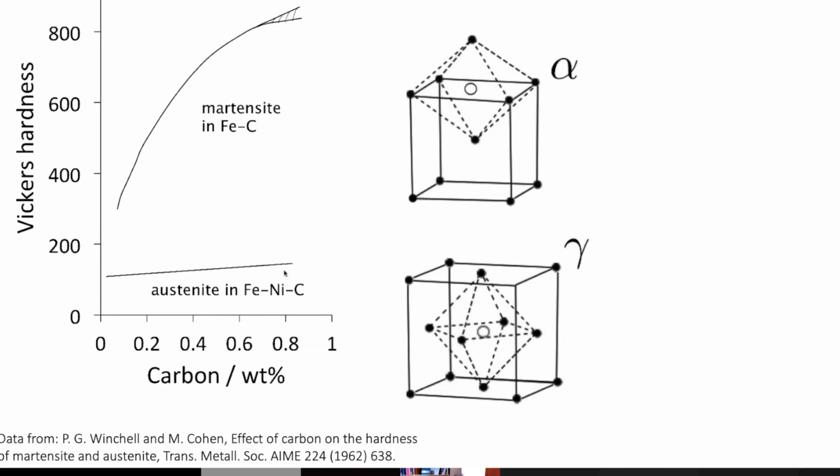The reason is very simple. This is austenite, and this is the position of the carbon atom. And of course, it doesn't fit inside that position. But the strain that you get because of that misfit is isotropic. This length here is the same as this length and this length. So it's just a volume change, right? And the volume change is a hydrostatic strain.